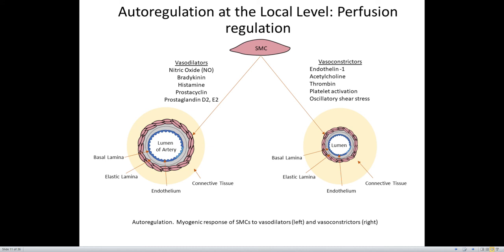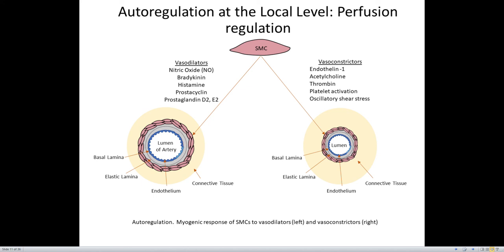So for example, the smooth muscle cells will respond to vasodilators when there is a need for an increase in blood flow to support an increase in metabolic demand.